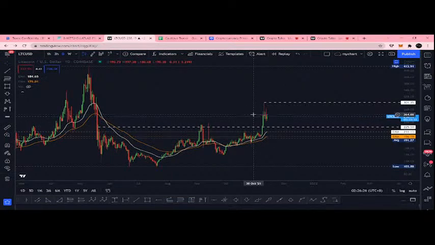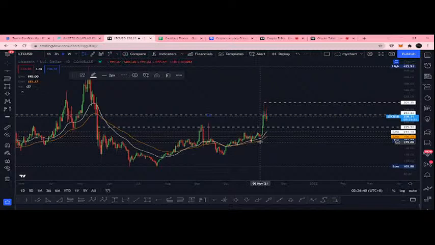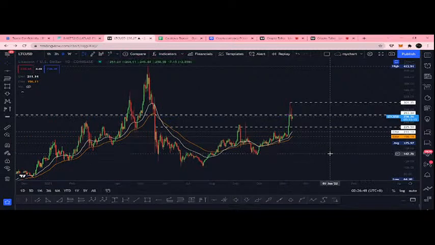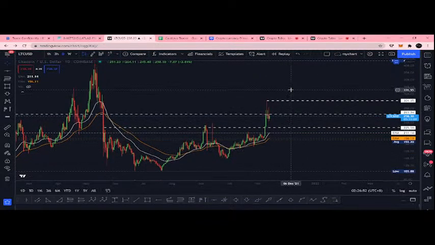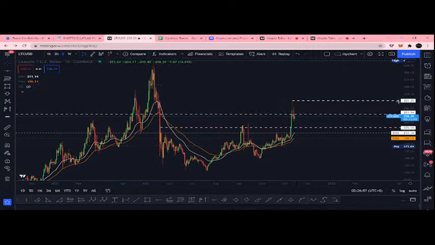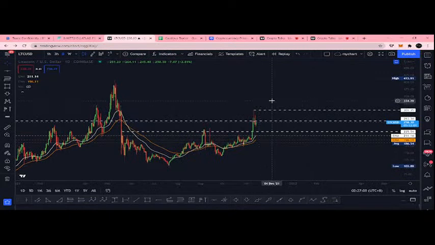So I might possibly be going long above 264, which is the point of control using this support area, the November 6 support area. So that's my plan: trade above 264. I might go long with TP at $300, though I expect it to retest the all-time high.